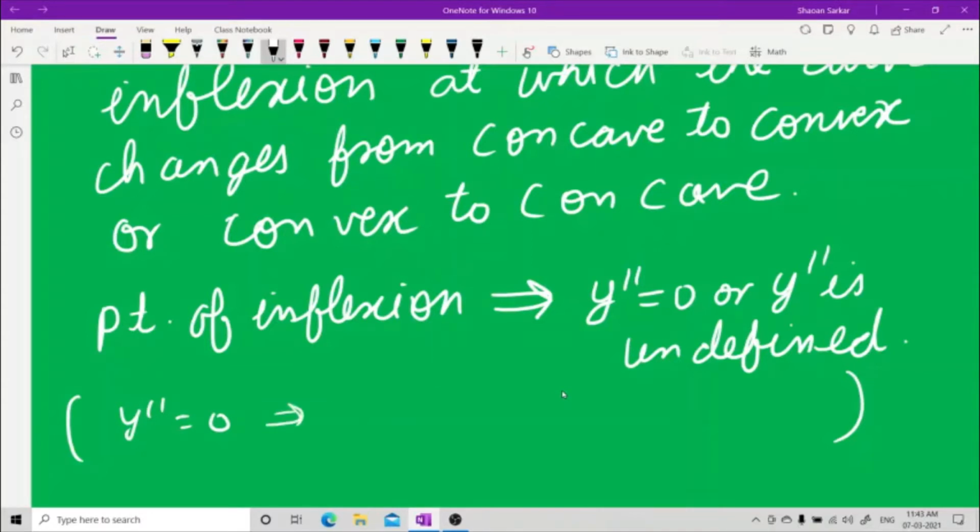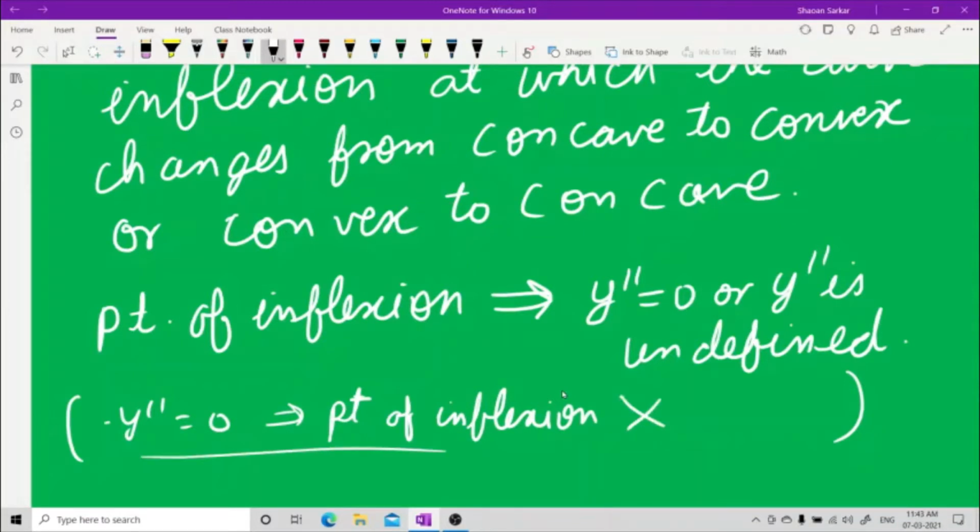implies point of inflection, this is wrong. Most students say this, but it is not right. Basically, point of inflection means this thing.